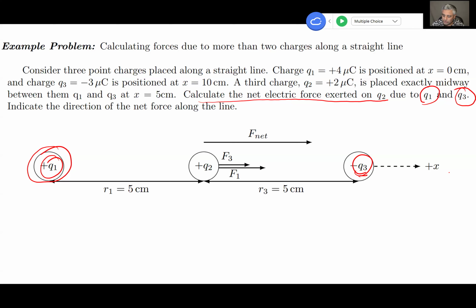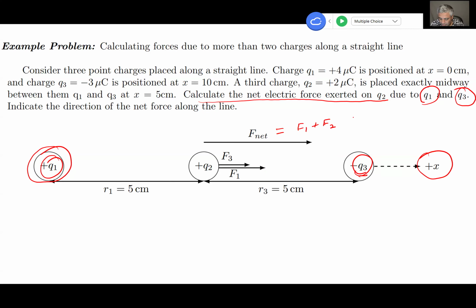So if we assume that as positive, then these two are going to add. So F net is going to be F1 plus F2. So that's the direction, and because of that direction, we can tell whether we need to be subtracting them or adding them. Here, we need to be adding because both of them are pointing in the same direction.